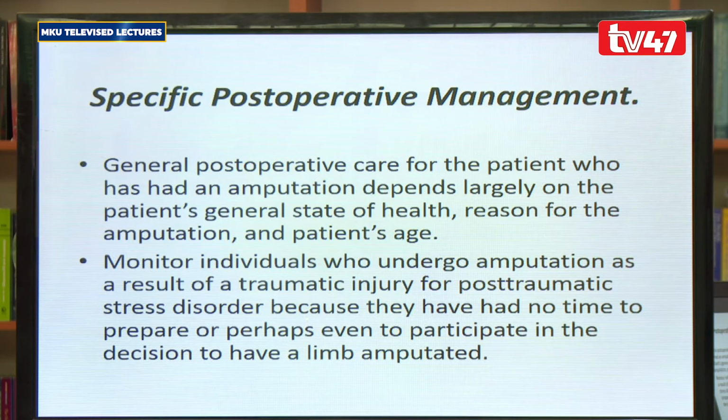Of particular interest to our patient here is in case they have an air embolus or a fat embolus. General postoperative care for the patient who has had an amputation depends largely on the reason why we did the amputation and the general status of this patient at that point in time.